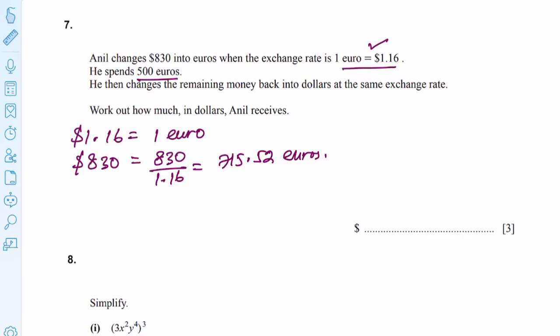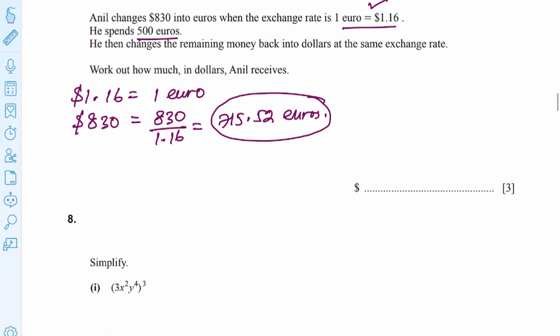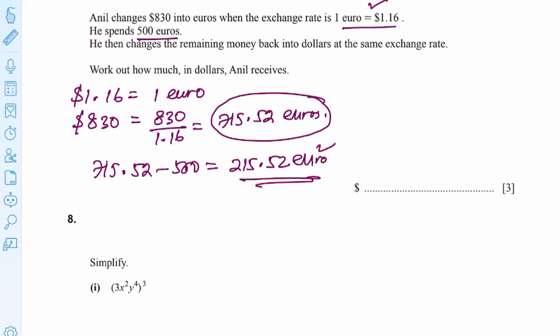Got it? Right. Out of this amount, the person has already spent 500 euros. So the remaining value is 715.52 minus 500, which equals 215.52 euros the person is left with, right? Now this amount has to be converted back into dollars.